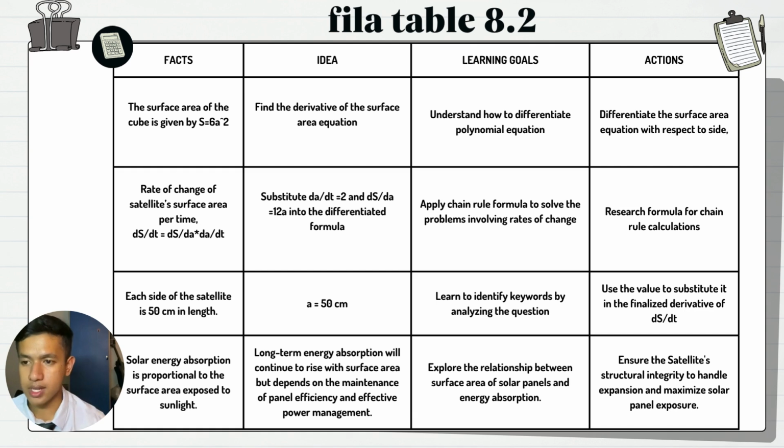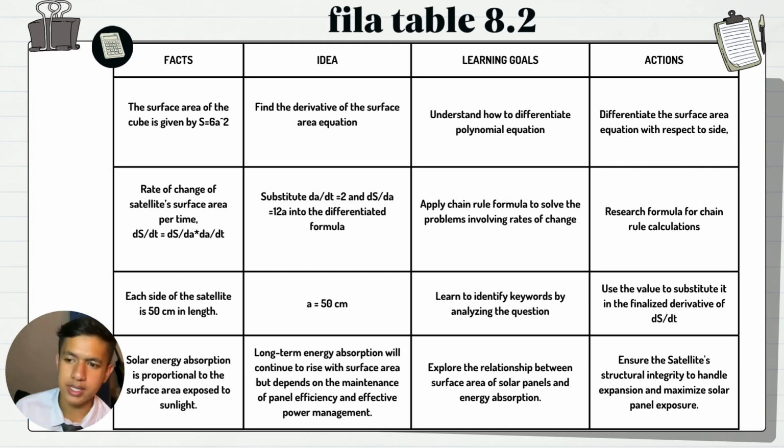So the first fact, the surface area of the cube is given by S equal to 6A to the power of 2. Then the idea is to find the derivative of the surface area equation. The learning goal, understand how to differentiate polynomial equations, and then the action, differentiate the surface area equation with respect to side.